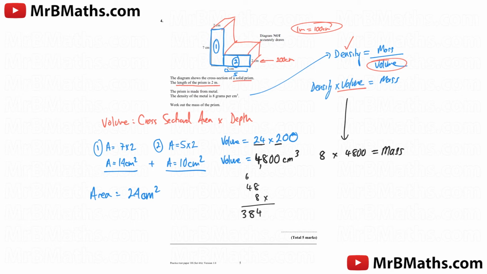So I've got 384, and let's not forget the 2 zeros, so that will give me 38,400 equals mass. So that's 38,400 as your mass, and this is of course in grams. And that's for 5 marks.